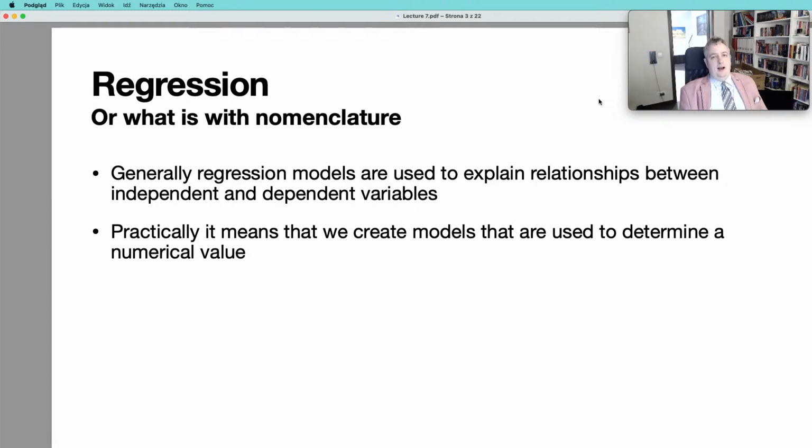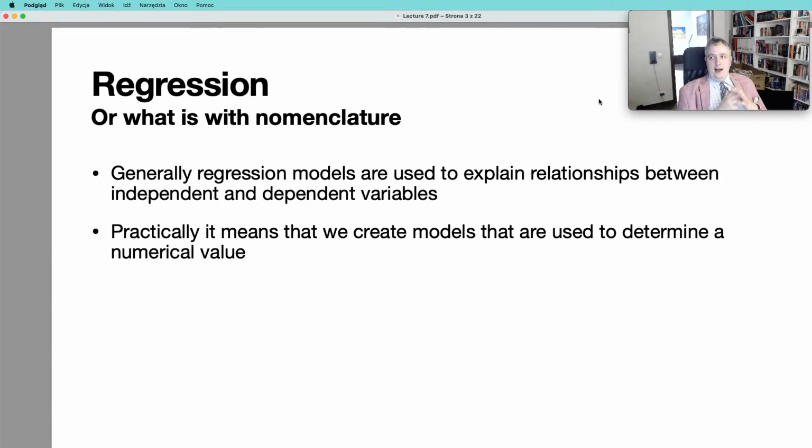However, what we really want is to create models that are used to determine a numerical value. Those models, with careful analysis and good understanding of the process, can also be used to explain relationships in a more fundamental way, but we need to know what's going on. We need to analyze it in the context of cause and effect, laws of physics and general logical relationships that must be covered in order for everything to work. So that's the main idea.